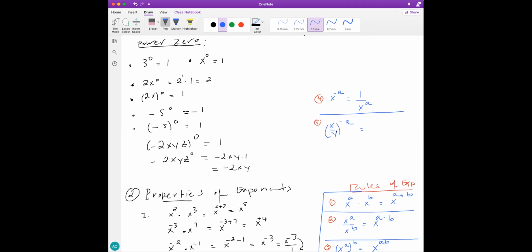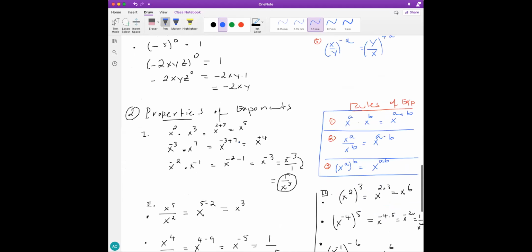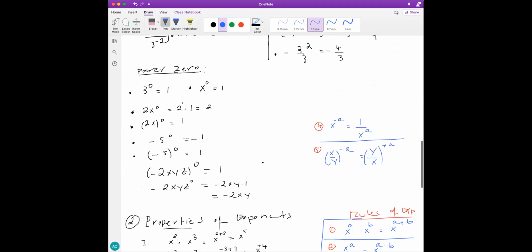To make this positive, we flip it upside down, and this turns into a positive a instead of a negative a. And if they both have powers, it's technically the same thing. You move this one down, this one up. Or if only one of them has a negative power, you only move that one, not the other one. What else did we see? So that's number 5.